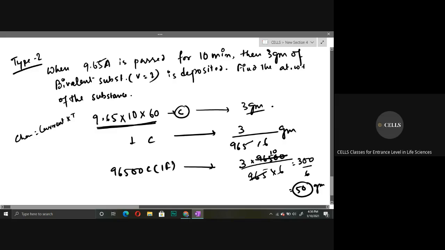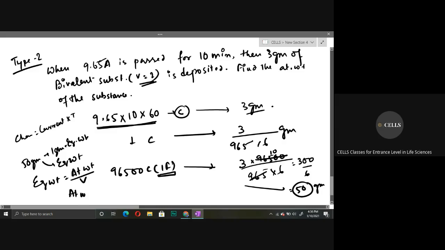See this very carefully. We know that from 1 Faraday you get 1 gram equivalent. So this 50 gram is the 1 gram equivalent weight, or it is nothing but the equivalent weight. Equivalent weight equals atomic weight by valency. Valency is 2.